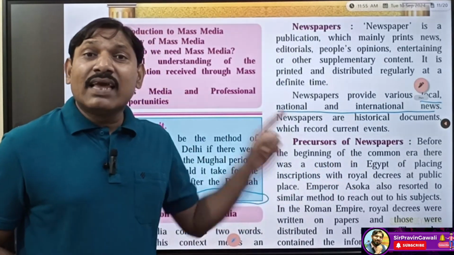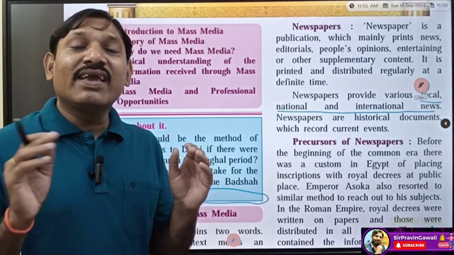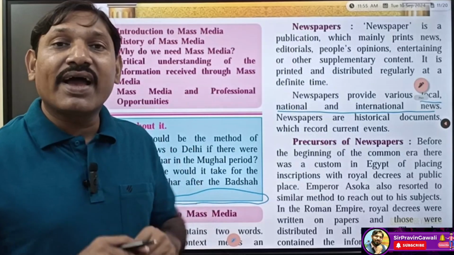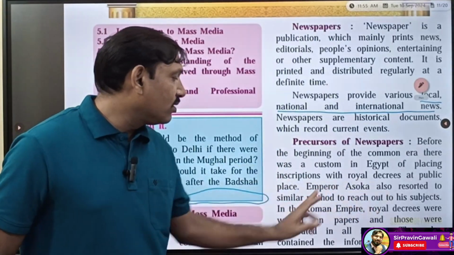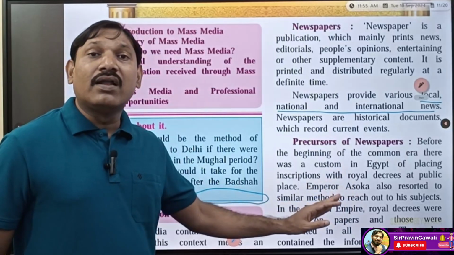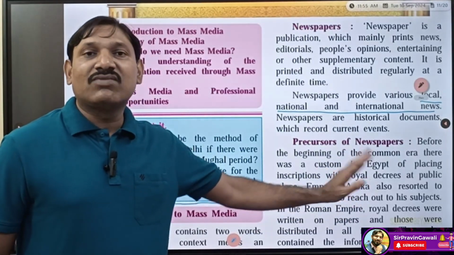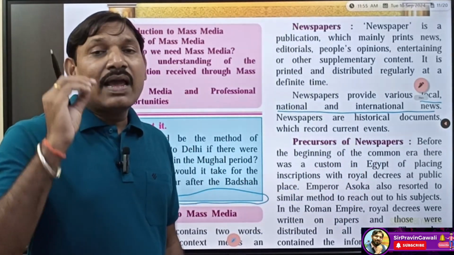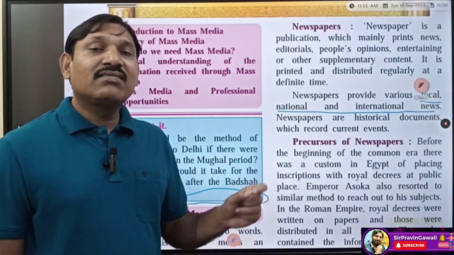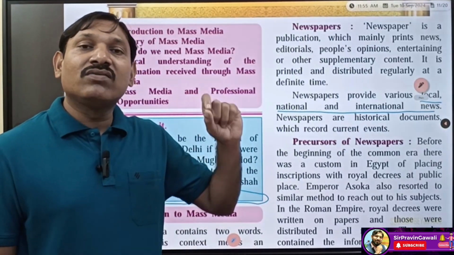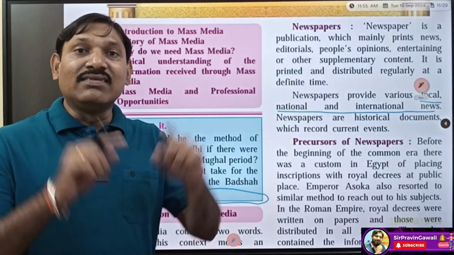The same policy was used by King Ashoka or Emperor Ashoka in India also. So Emperor Ashoka also resorted to a similar method to reach out to the people or the subjects. Subjects means what here? The people. If Emperor Ashoka wanted to communicate with the people, he started using the same method that was used in Egypt, that is the inscription.